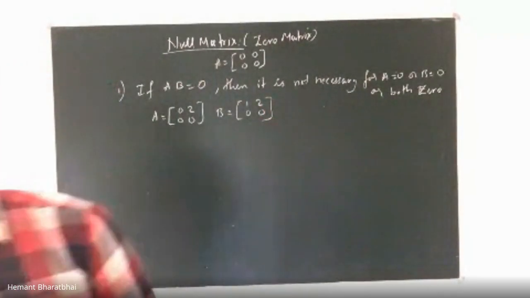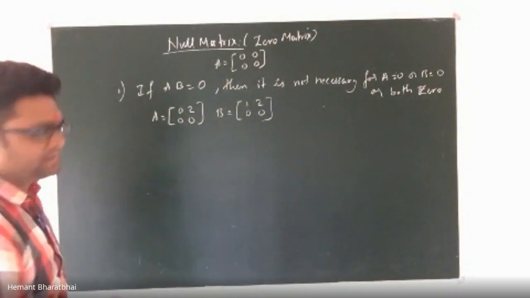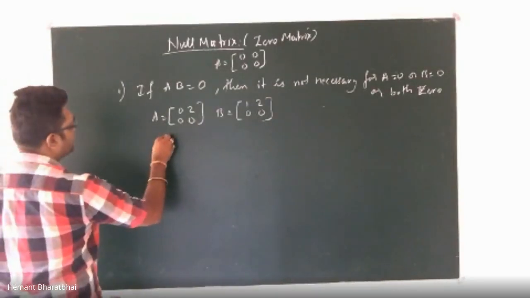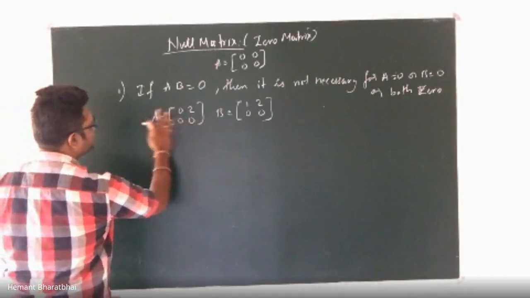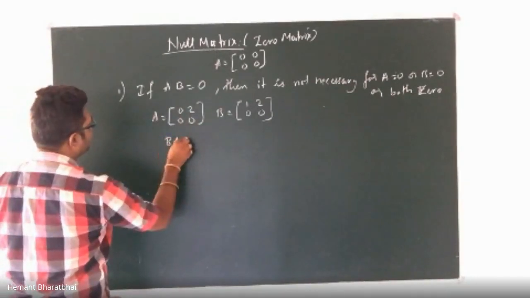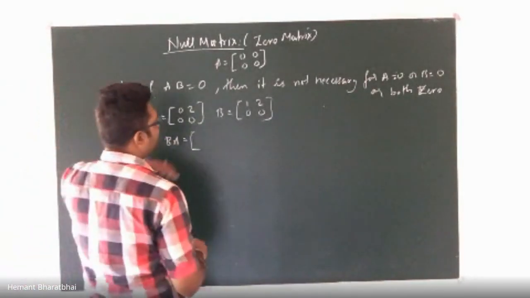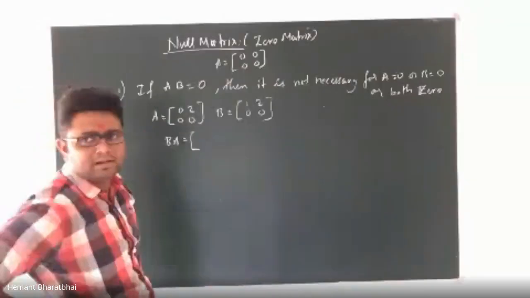I have these matrices, and let me find out the value of AB and the value of BA. Let me first find out the value of BA, that is, matrix B first and then matrix A.